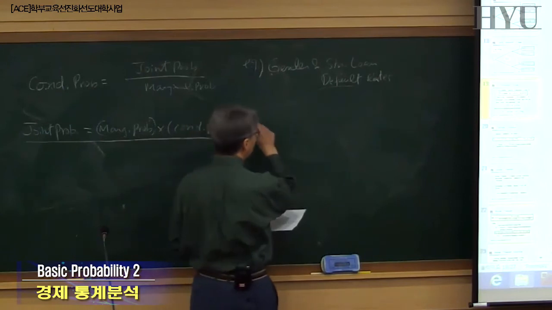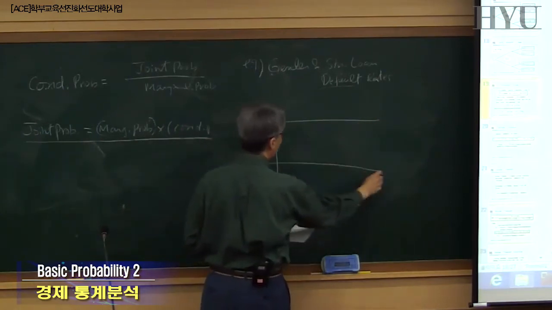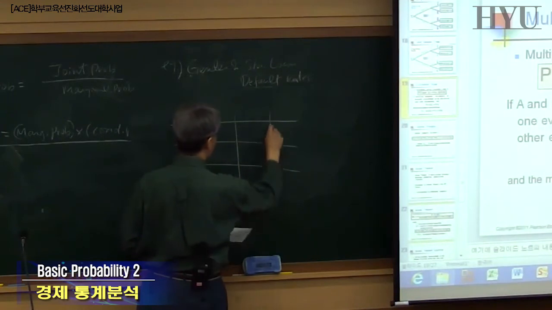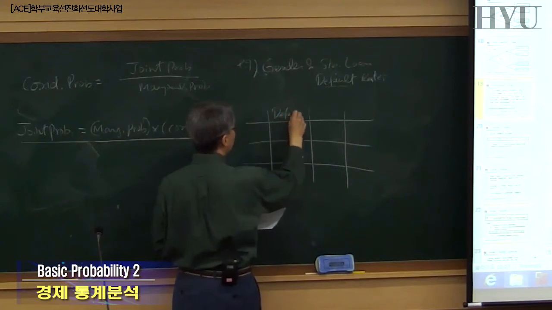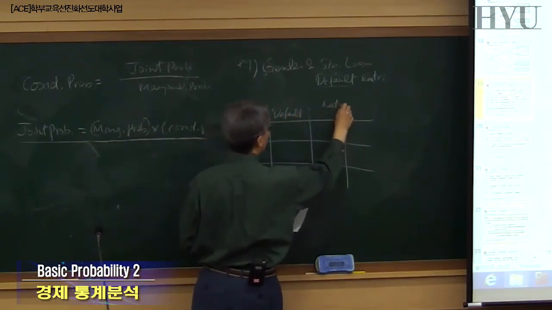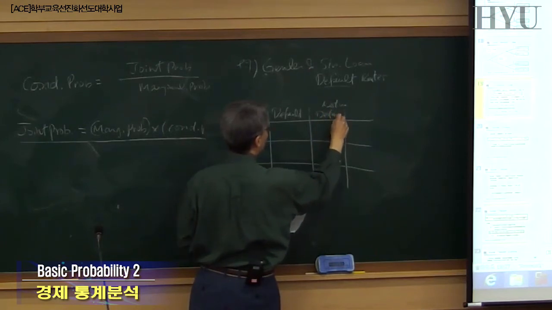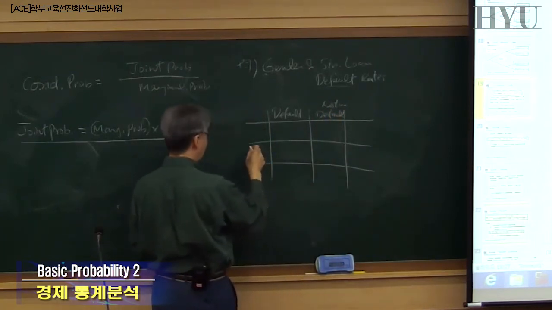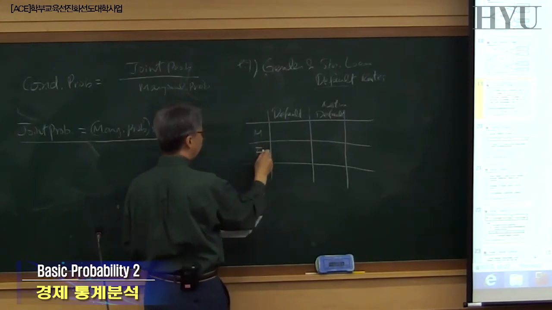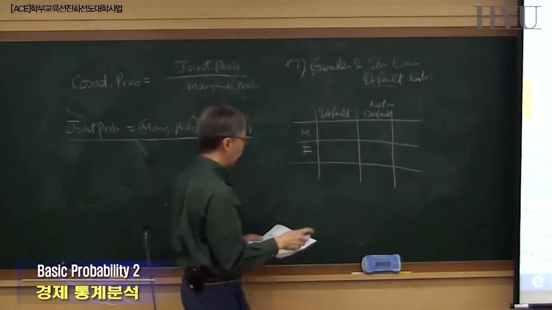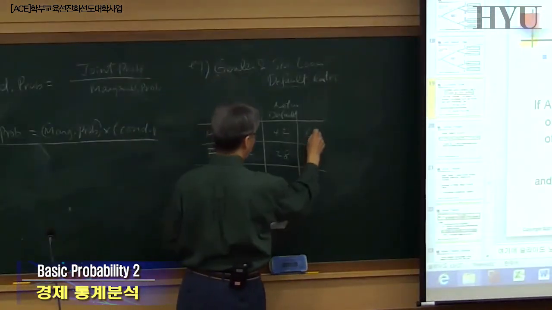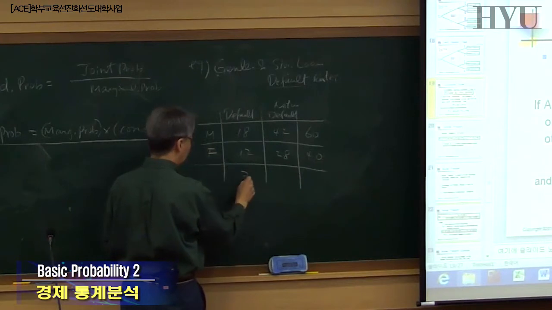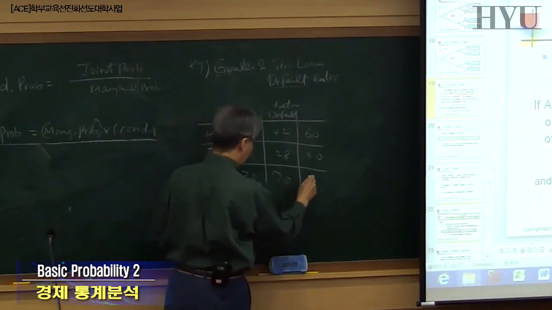All right. So let's say you collected some data: default, not in default, and you categorize them between male and female. Suppose we got 18, 42, 12, 28, so that's 60, 40, and 30, 70, and a total of 100.